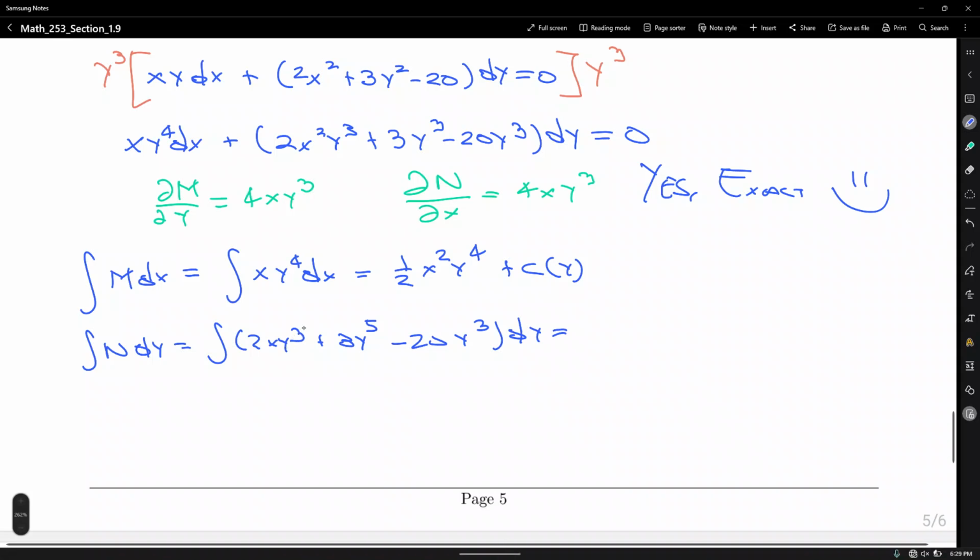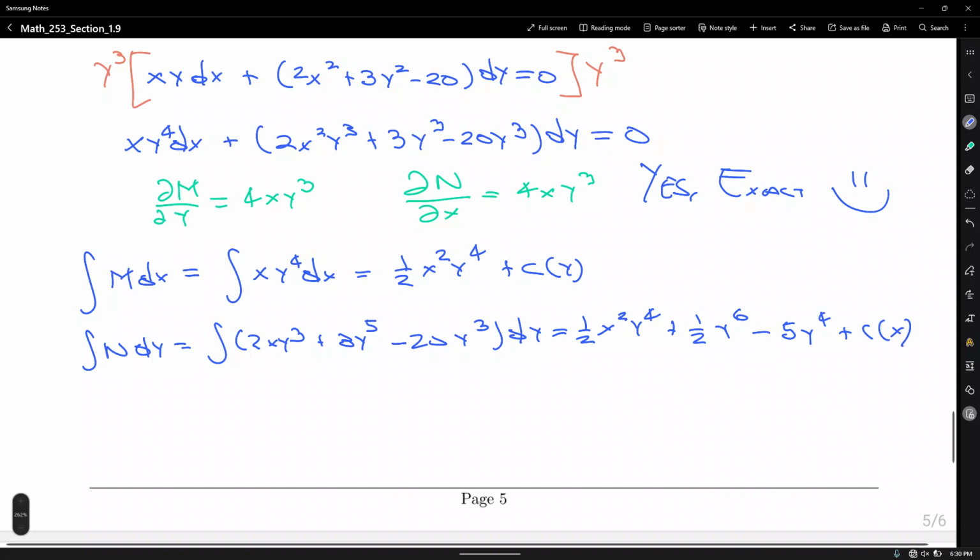The integral of y cubed is y to the 4 over 4; however, times the 2, it turns into 1/2 x squared y to the 4th. The integral of 3y to the 5th power is y to the 6th over 6, but 3 divided by 6 is 1/2 y to the 6th. And finally, the integral of 20y to the 3rd power is 20y to the 4 over 4, but 20 divided by 4 is negative 5y to the 4th, plus some constant of x.